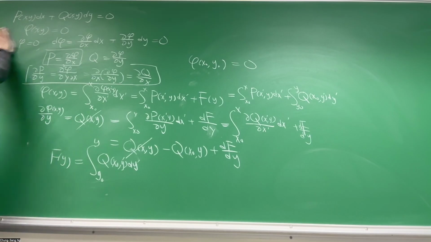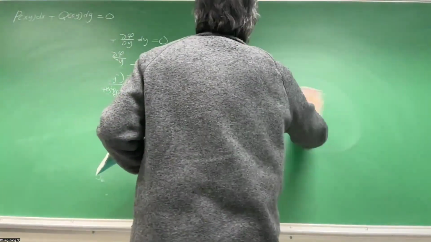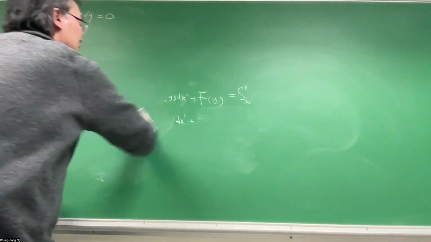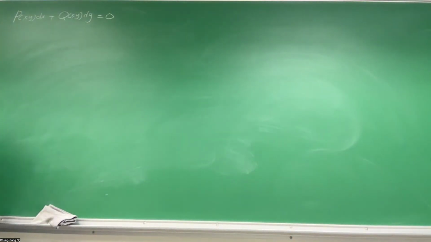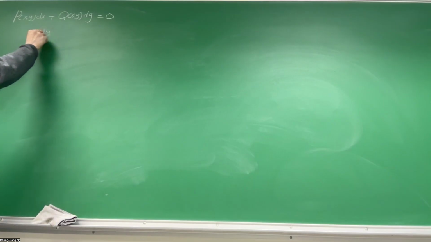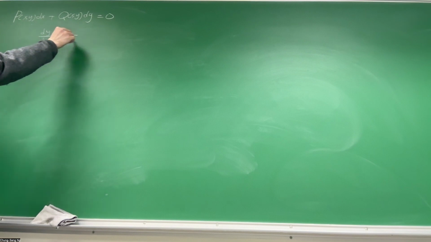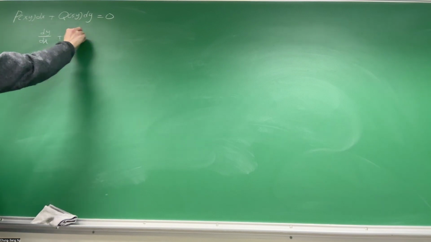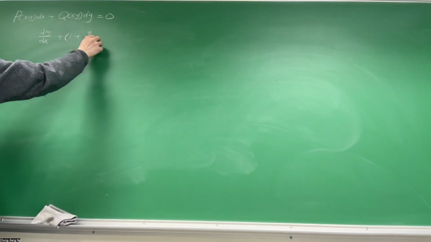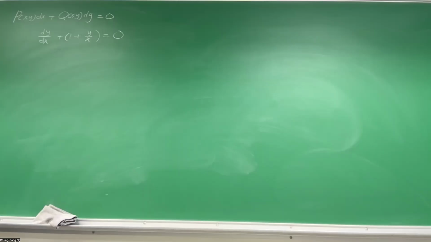Okay, erase all this and just rewrite the formula. This example is dy/dx plus 1 plus y over x equals 0.